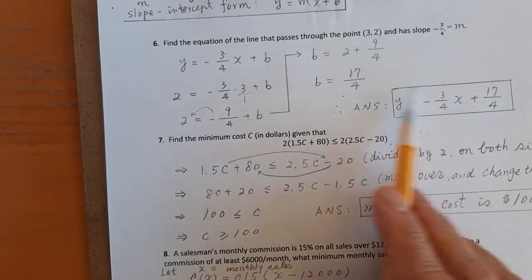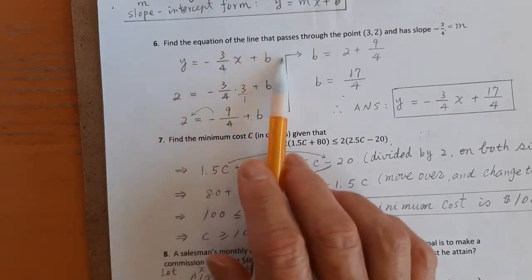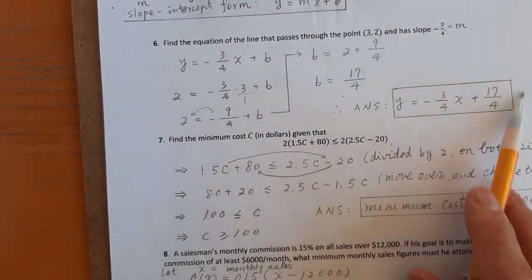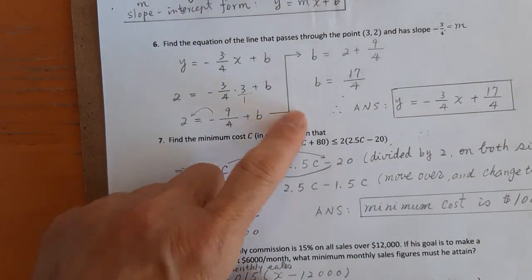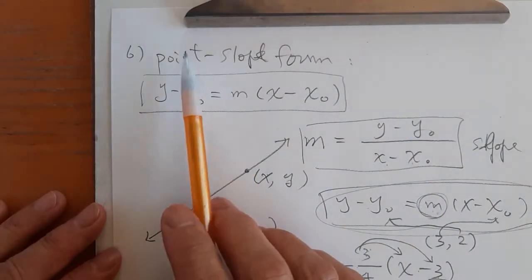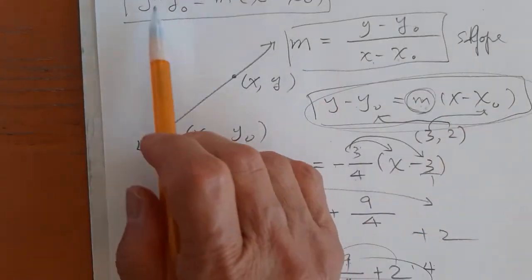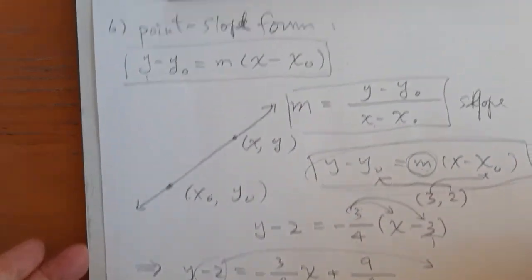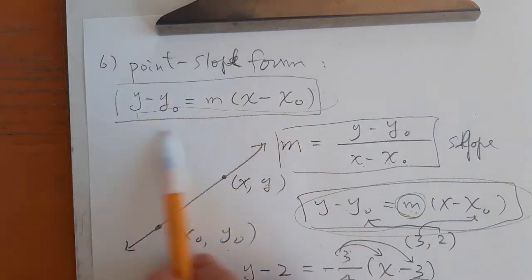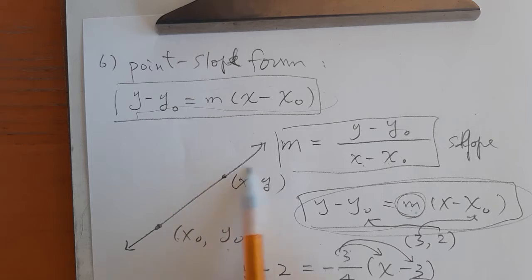After getting b, plug it back in, and you will get the answer. And the second way uses the point-slope form. This formula comes from the slope formula and two points.